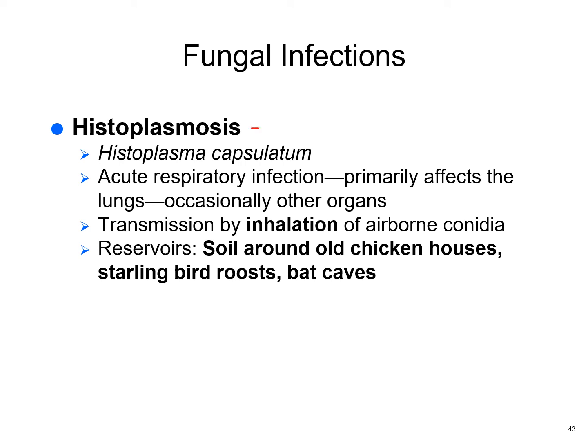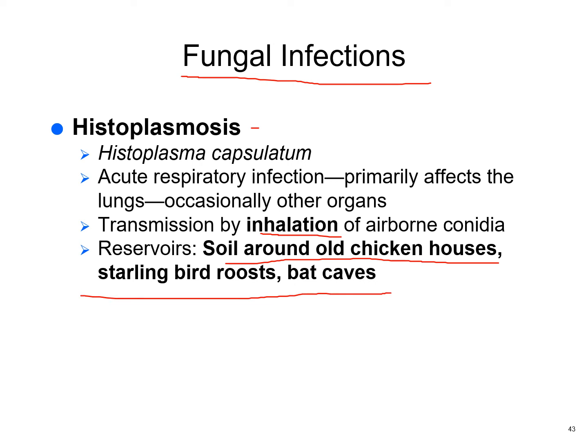Histoplasmosis is a very interesting fungal infection of the respiratory tract. It comes from inhalation of the immature fungus, generally in soil around old chicken houses, starling bird roosts, and bat caves. We don't really have that many starling roosts or bat caves around here, but if you're cleaning out old chicken houses, wear a good mask, an N95.